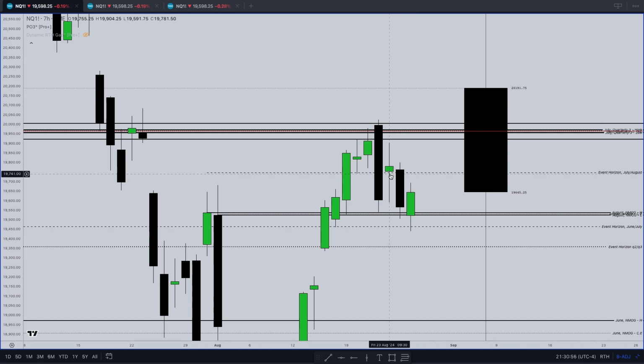This is something important, guys. When we are opening near the 50% of the event horizon between these two months. Okay, you can see how we open, we move lower, higher, and we close like this. And on this day we just open, we came back to this previous range, and we expand lower to this level.